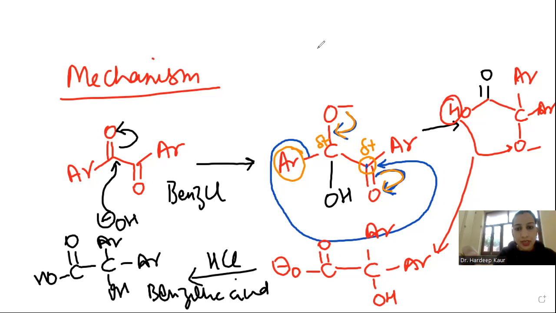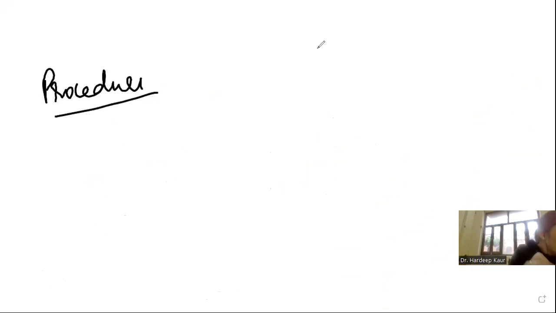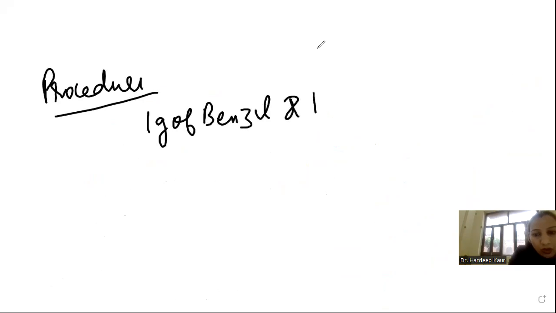Next is the procedure. The procedure is very simple. You will weigh 1 gram of Benzil and 1 gram of sodium hydroxide or potassium hydroxide.